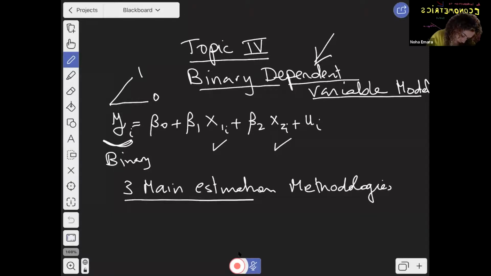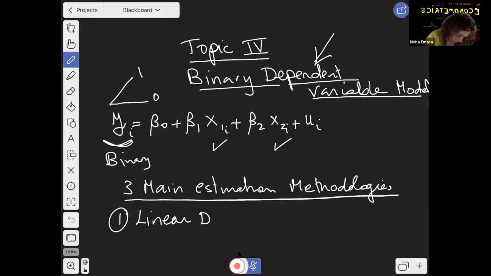The 3 main estimation methodologies are, number 1, sorry, it's a linear probability model. So it's the linear probability model.